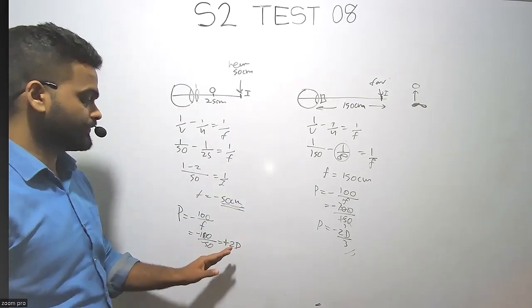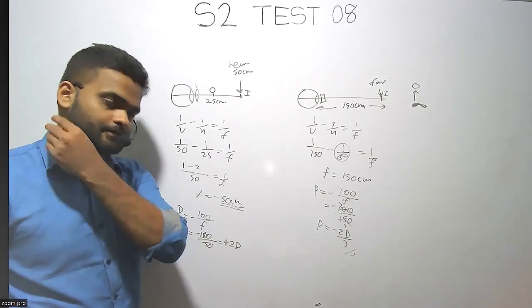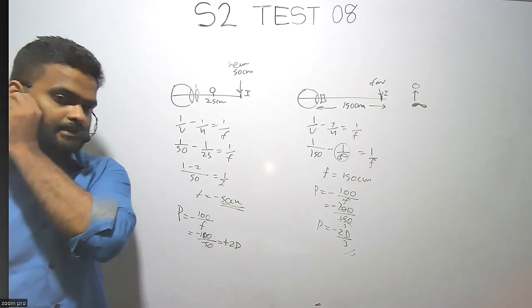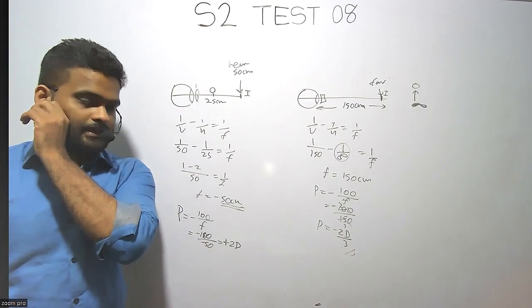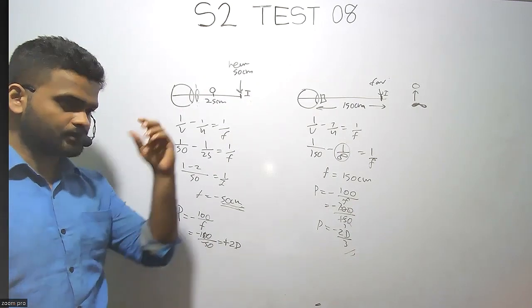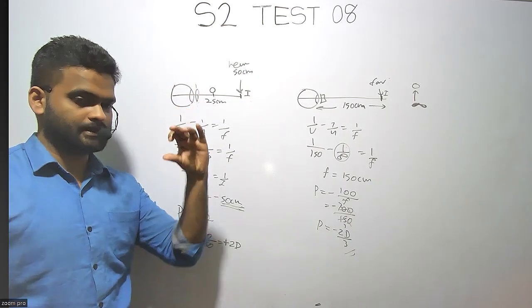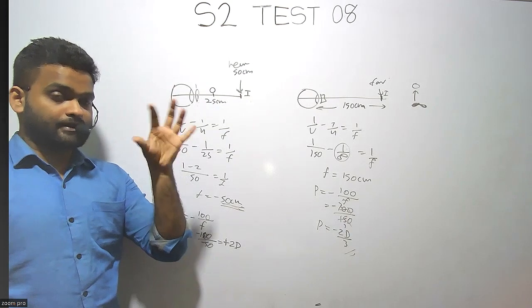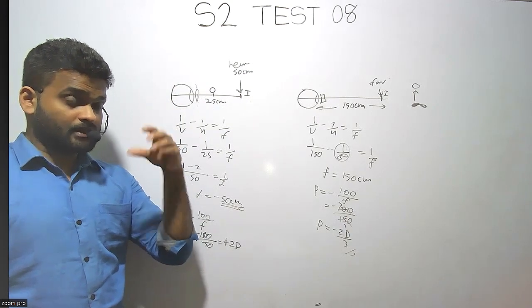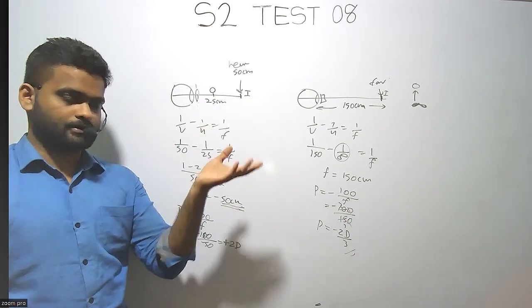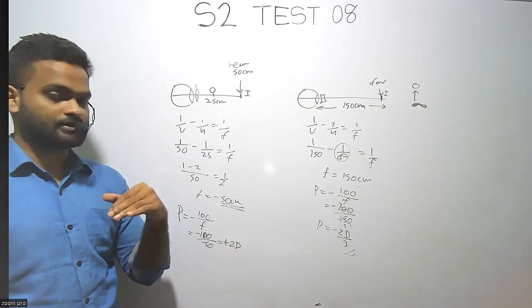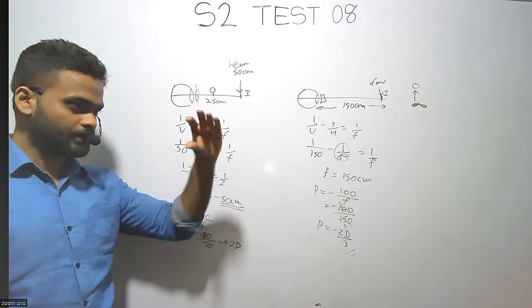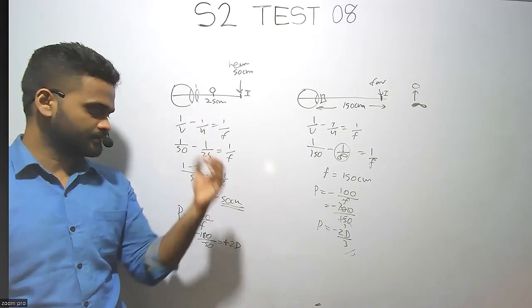So you need two lenses. You might have seen in spectacles, right? There are two lenses. Above there's a lens and below that there's a lens. So if you're suffering with both long-sightedness and short-sightedness, you need to have two lenses in the same glass.